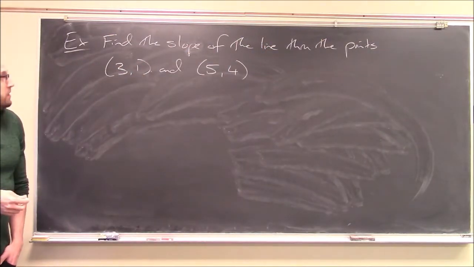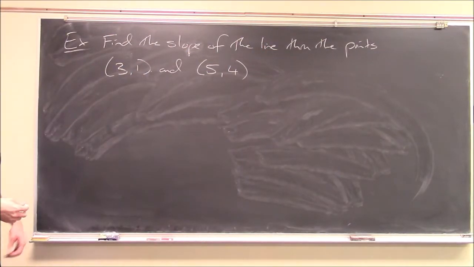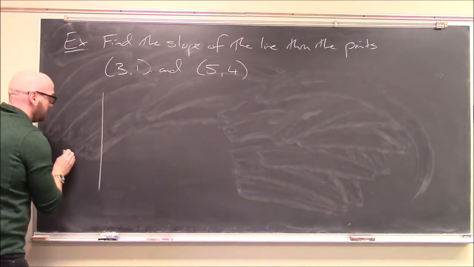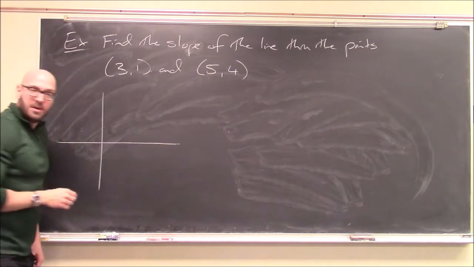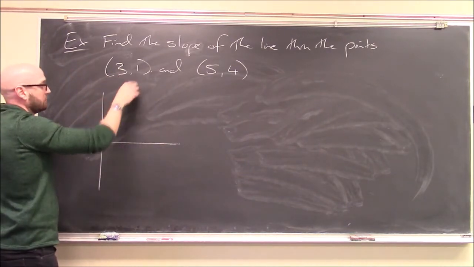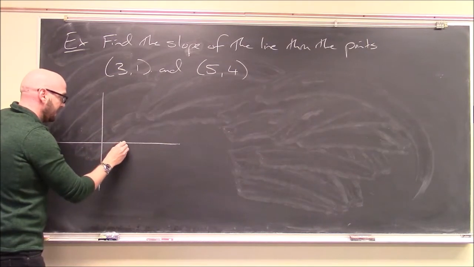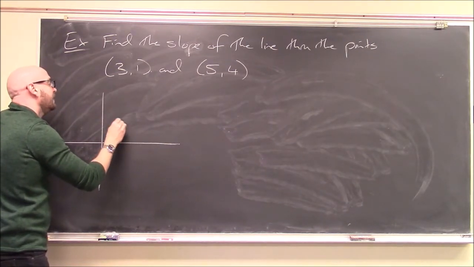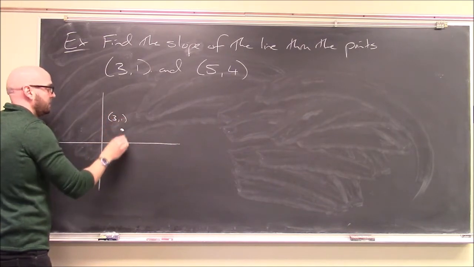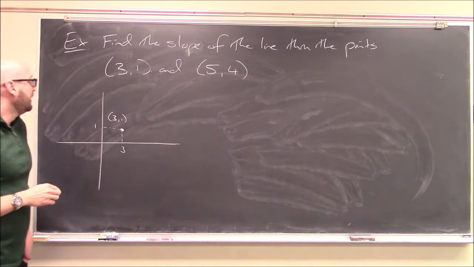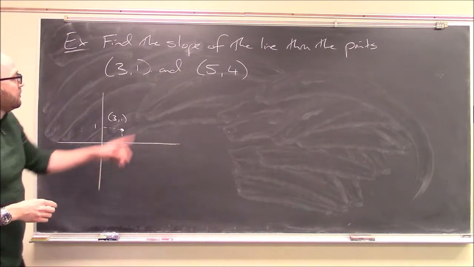So we're given 2 points. We're looking at the line through the points 3, 1 and 5, 4. It's not necessary at all that I do this for this problem, but I'll try to draw this line anyway. So we want to pass through the point 3, 1. That means x coordinate is 3, y coordinate is 1. Here we'll pretend that's about the point. So here's 3, and here's 1. And it also passes through the point 5, 4.